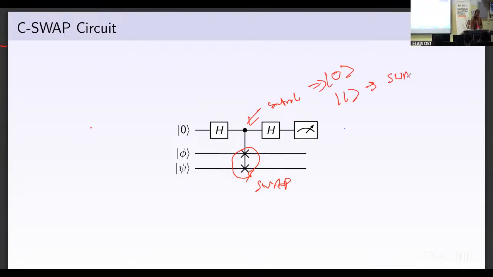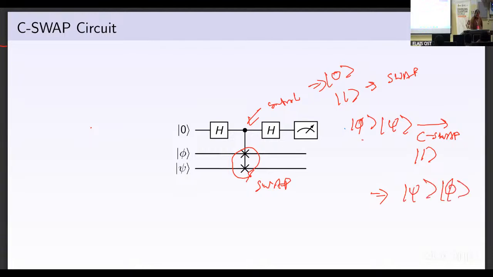So say we have phi psi, we apply controlled swap. If this is 1, then the state becomes psi phi.